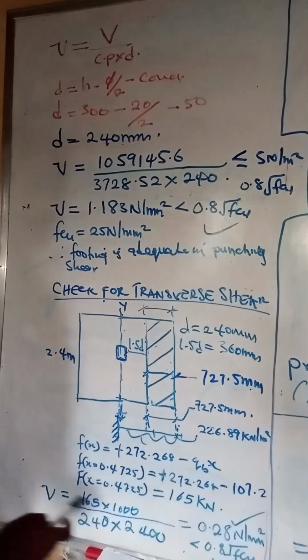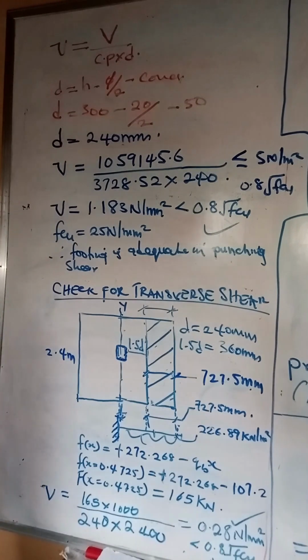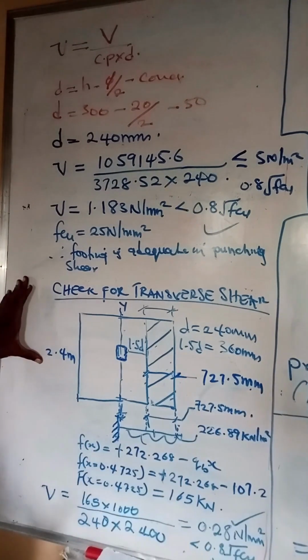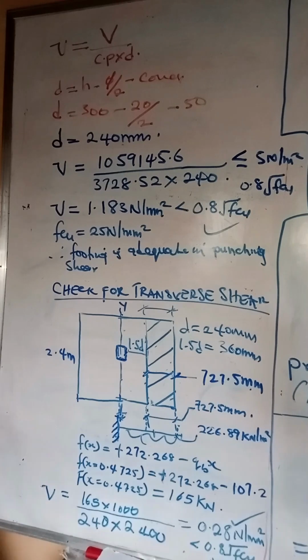If we do that, we have 0.28 Newton per millimeter square, which is less than the allowable transverse shear required by our code. So we say that this footing has been able to pass the transverse shear check.